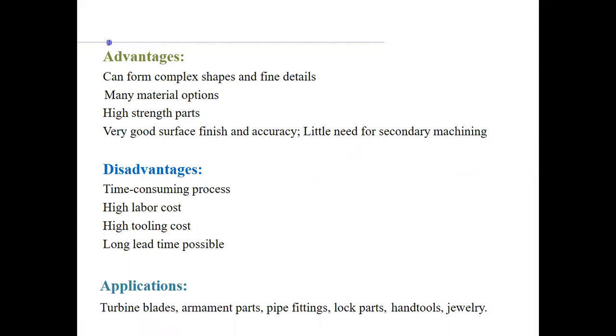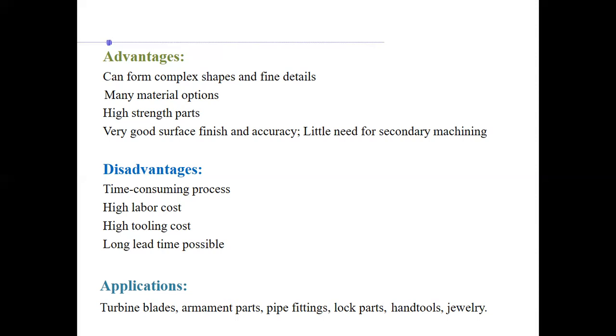Many materials could be formed with investment casting. You get high strength parts with this kind of method. Very good surface finish and accuracy. So little need for secondary machining, as I said. You will have a very good surface finish and accuracy because of that surface finish of the ceramic slurry, that mold.